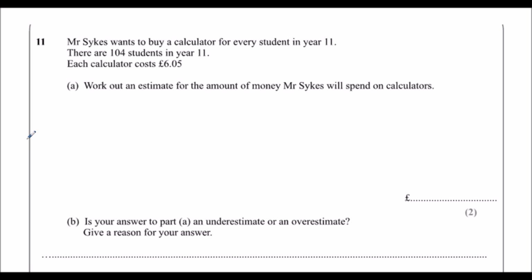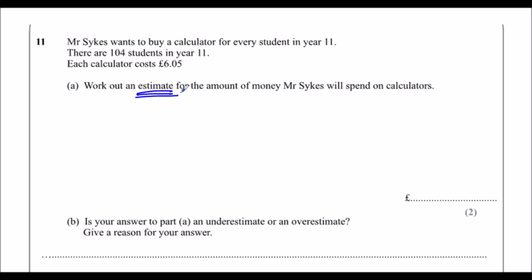Question 11. Mr. Sykes wants to buy a calculator for every student in Year 11. There are 104 students in Year 11. Each calculator costs £6.05. Work out an estimate for the amount of money Mr. Sykes will spend on calculators. So it's an estimate.